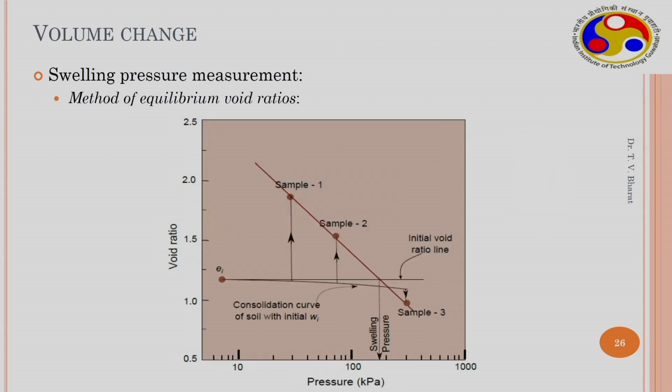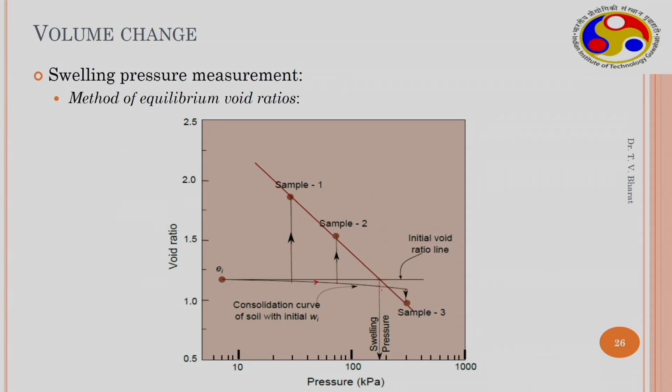Similarly, the method of equilibrium void ratios can be used, where the initial soil sample is compressed under different loadings, and this is saturated at different mechanical loading.